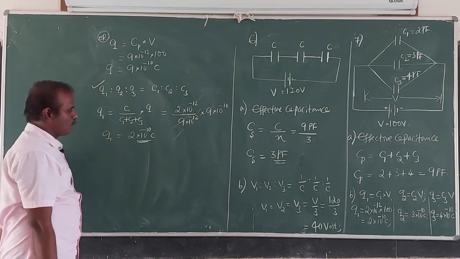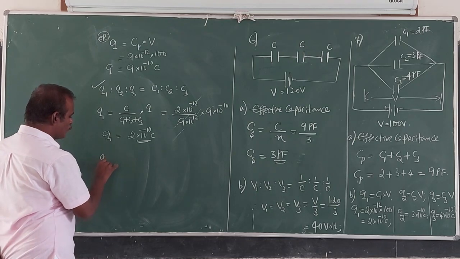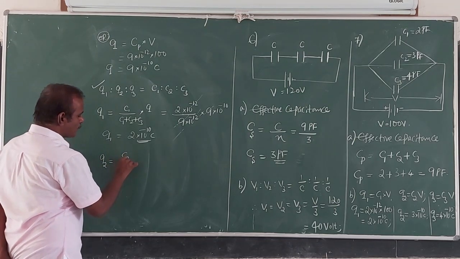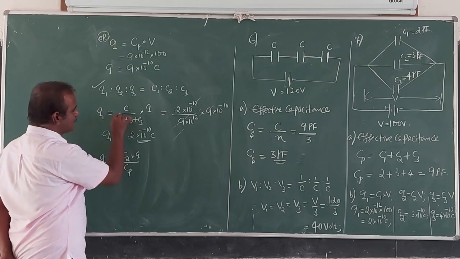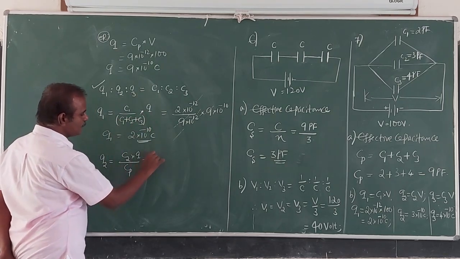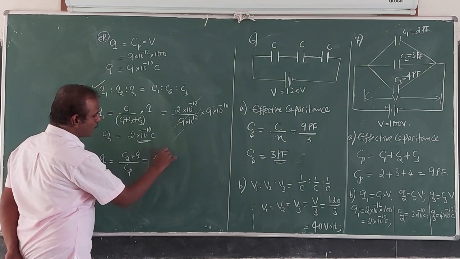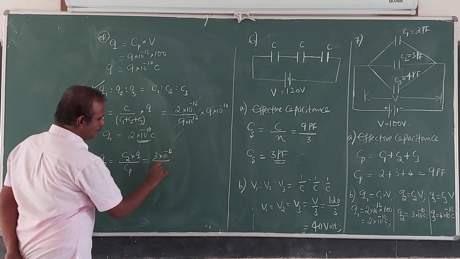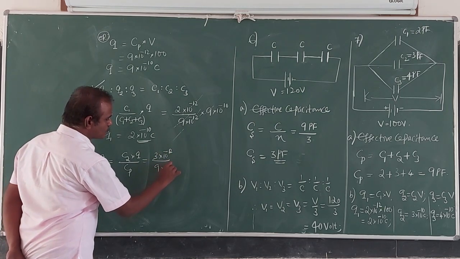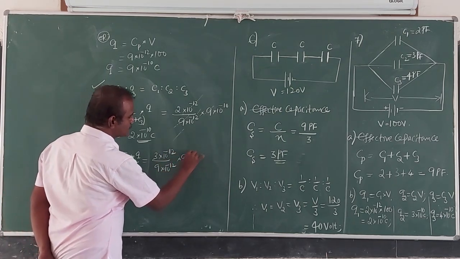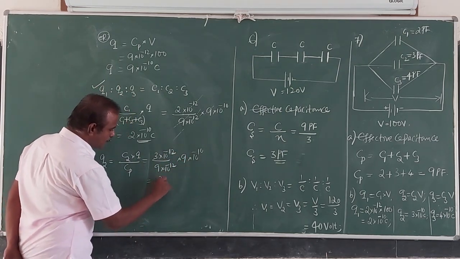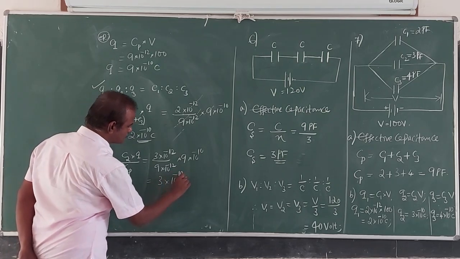Ratio formula. Similarly, for Q2, the formula becomes C2 into Q divided by the total, Cp. This is 3 into 10 to the power minus 12 divided by 9 into 10 to the power minus 12, and the total charge is 9 into 10 power minus 10. This becomes 3 into 10 to the power minus 10.